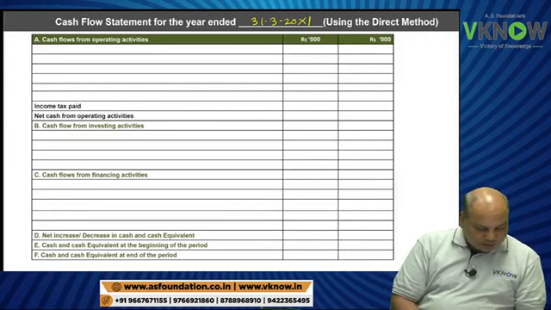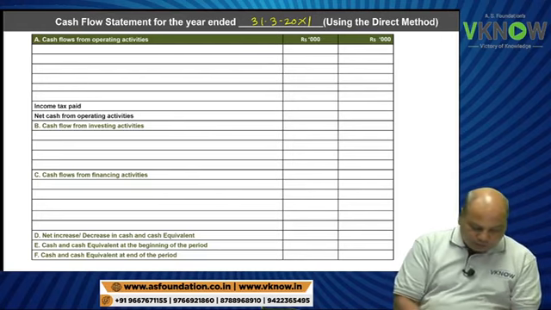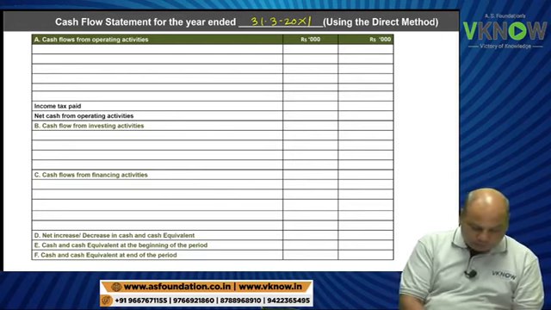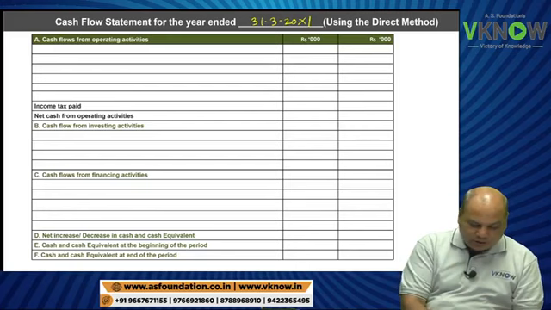If you want to use the indirect method, you can try it as homework. For that, you need to find out the profit figure first, which will require an extra working note.